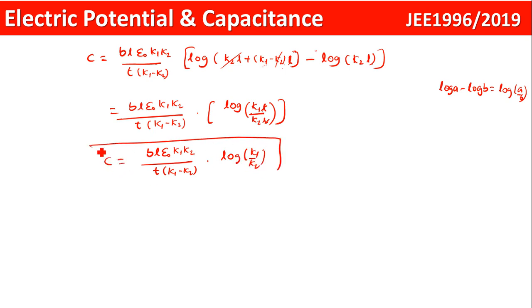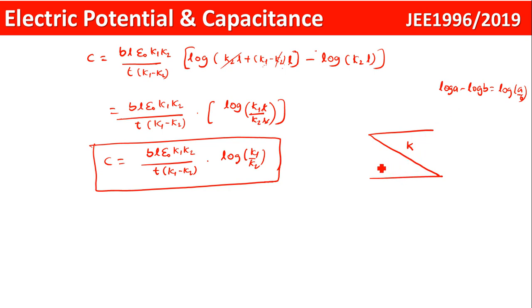Now what is the difference between this 1996 question and 2019 is, here you had a parallel plate capacitor with K1 on one edge and K2 on the other edge, but in 2019 it is K and air, so the other one is air, and air's dielectric constant is 1.